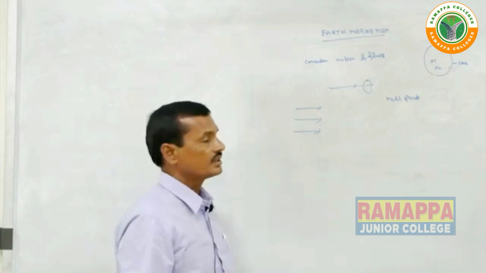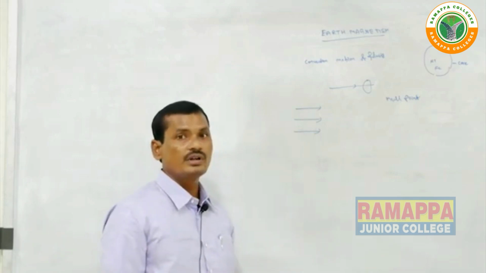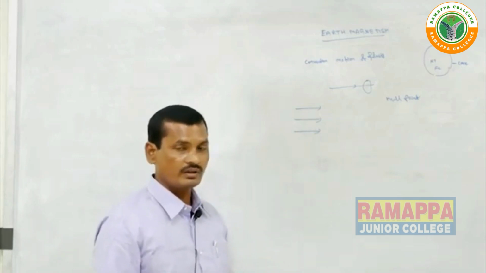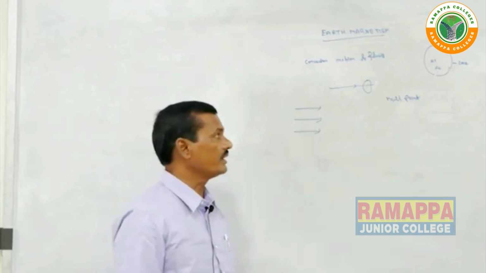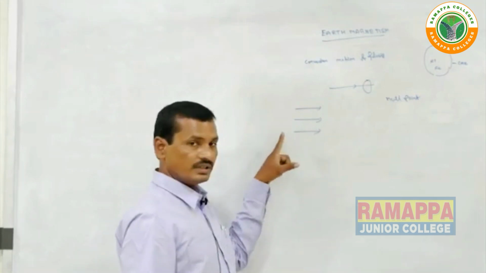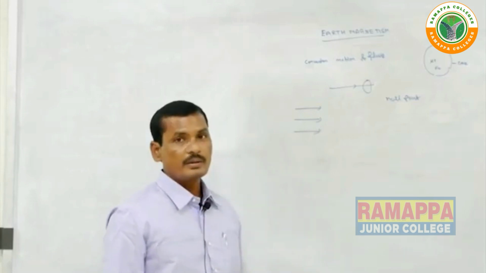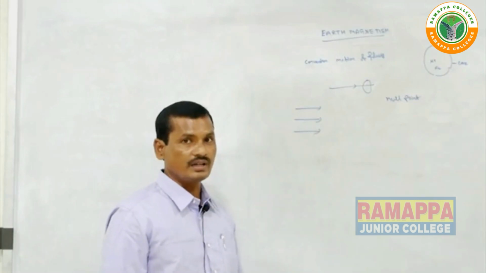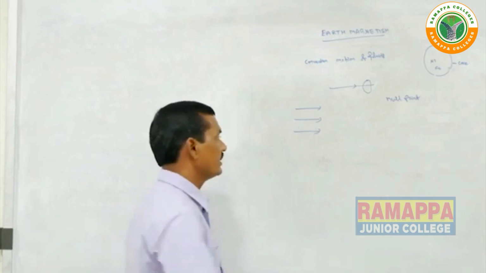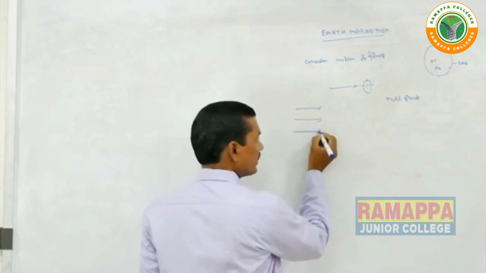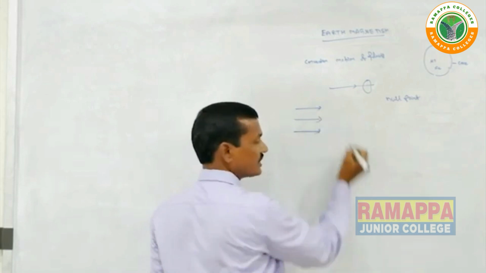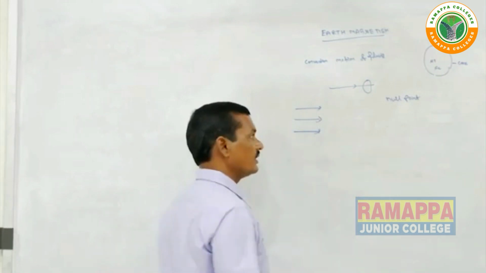Null point means there is no deflection. Why? What happens at null points? For example, this is a null point. Here we place an external bar magnet. Therefore, the external bar magnet gives magnetic field lines.